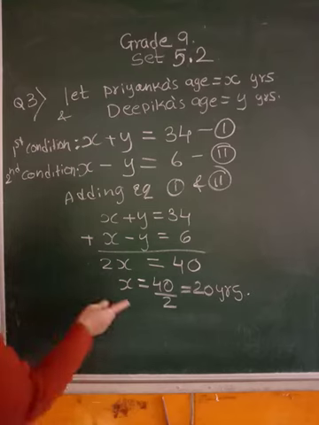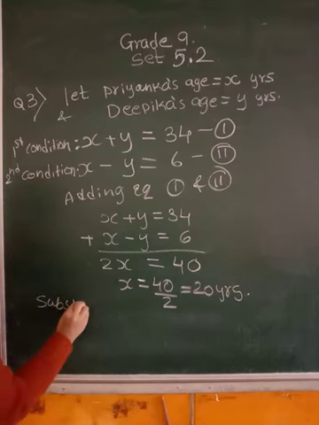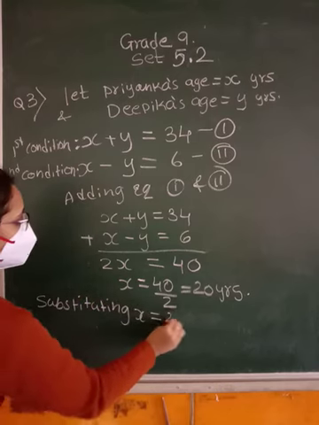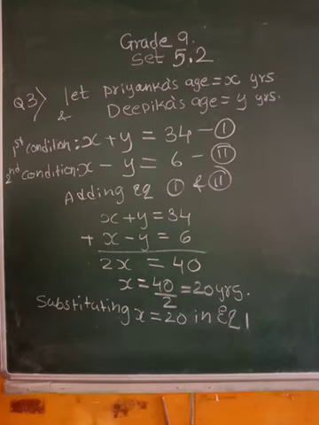Now let us substitute x in equation 1. Substituting x is equal to 20 in equation 1. Okay. Let us substitute and find out. So we are substituting x is equal to 20 in equation 1.